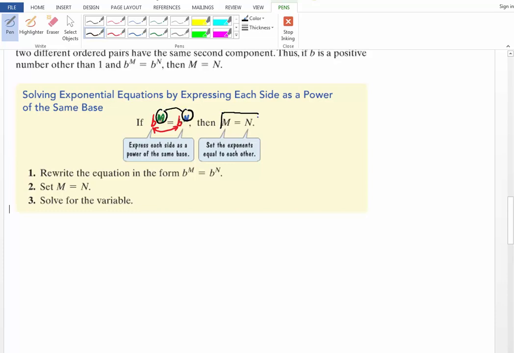And that happens because the function is 1 to 1. The exponential function with base b is what we call 1 to 1. So that's exactly what I used when I had 2 raised to that exponent equal to the same base 2 raised to that power 5. Then because the bases are the same, those exponents had to be a match. So my mystery exponent had to be 5. Think about it.